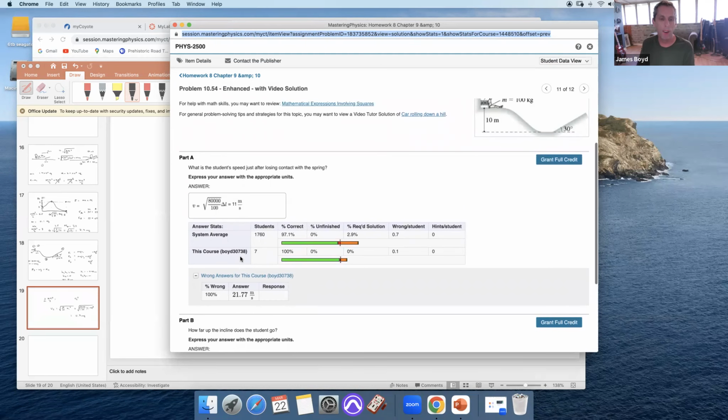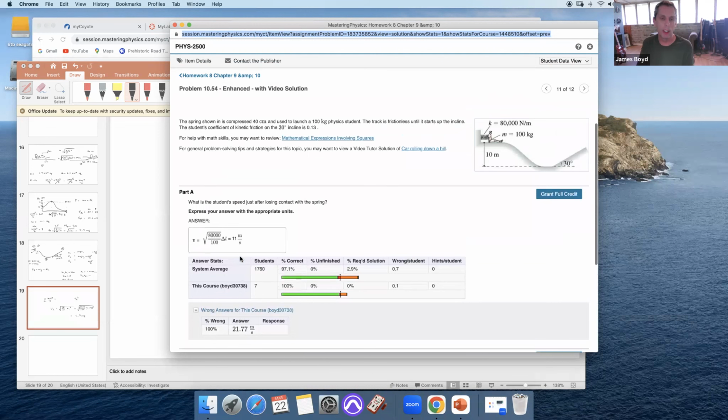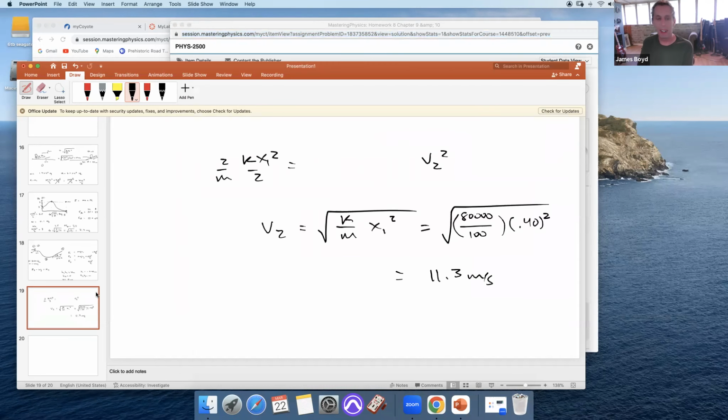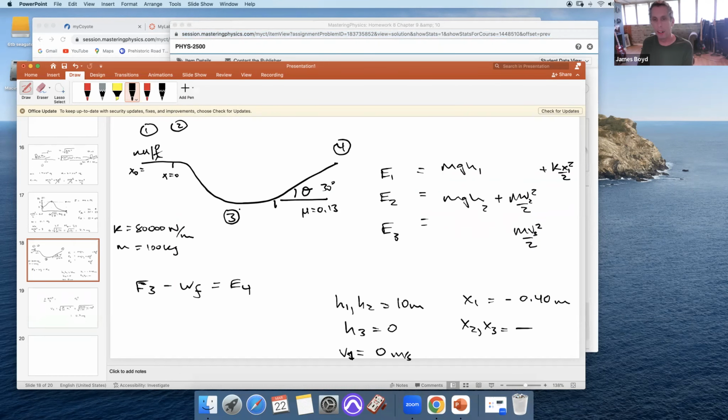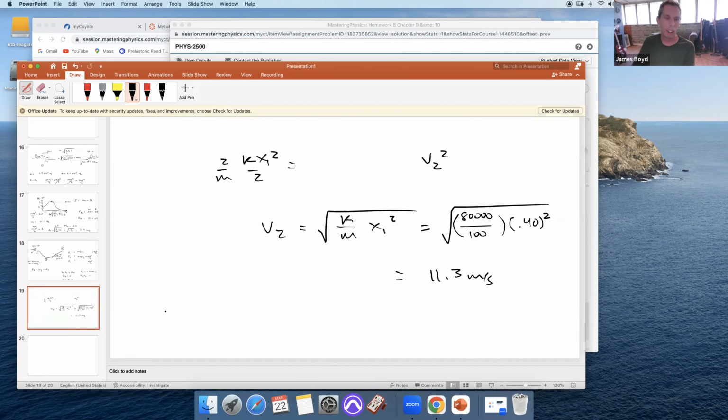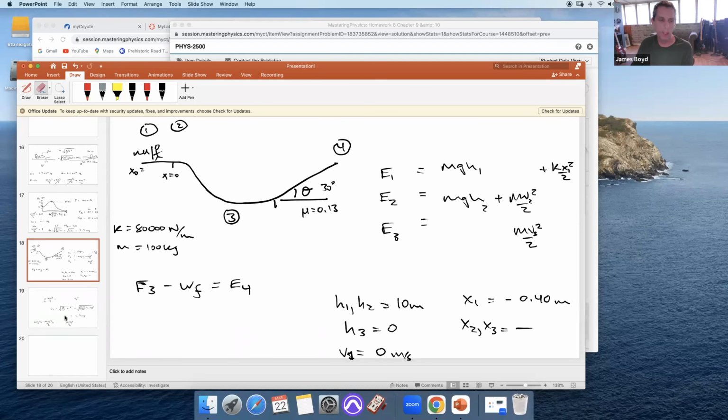Now, how far up the incline do they go? We could come back here and figure out what the speed is at 3. We could set mgh2 plus mv2 squared over 2 equal to mgh3 plus mv3 squared over 2, and then say this is 0 because at the bottom at 3, h is 0.